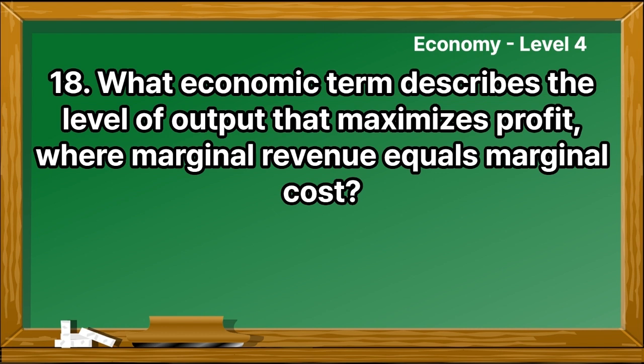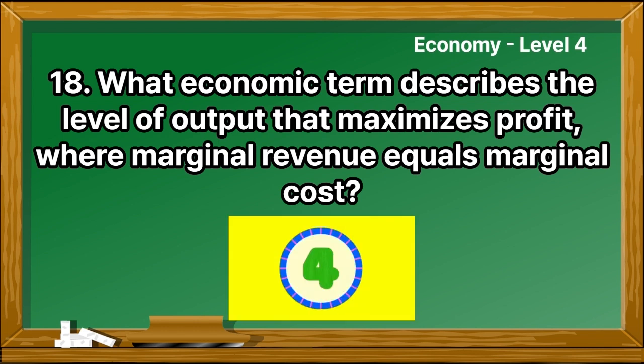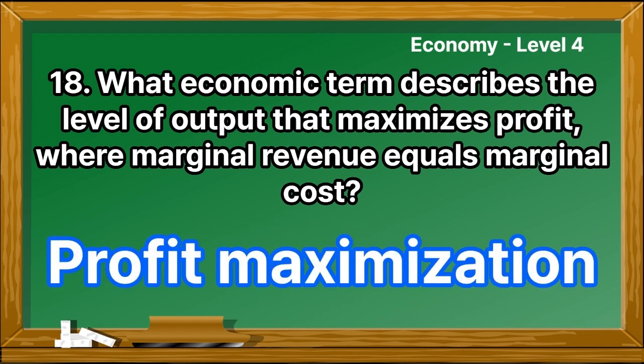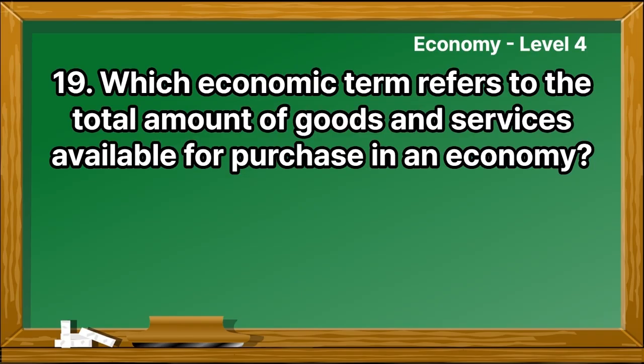What economic term describes the level of output that maximizes profit, where marginal revenue equals marginal cost? Profit maximization. Which economic term refers to the total amount of goods and services available for purchase in an economy?